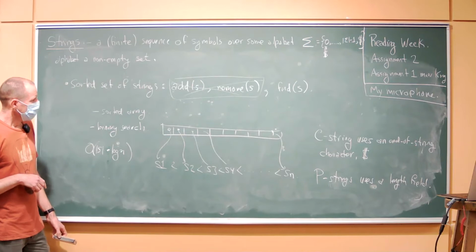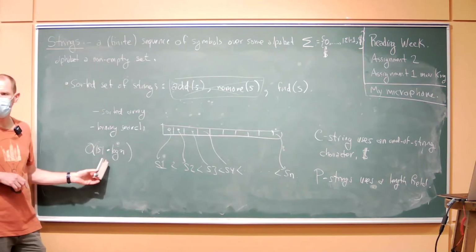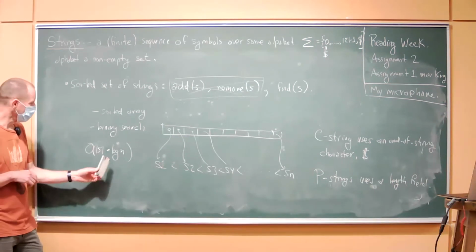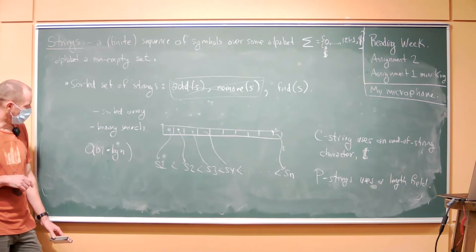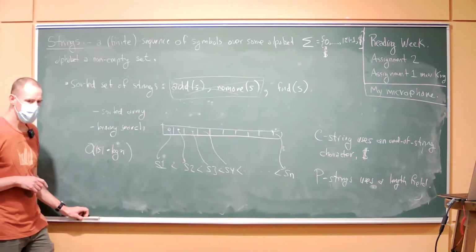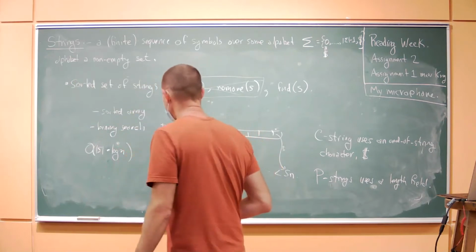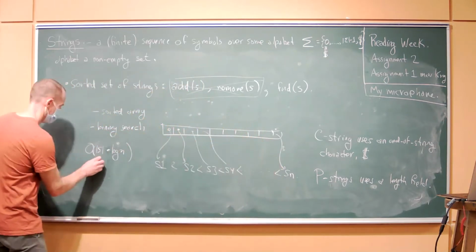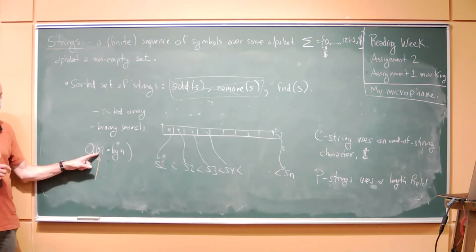All right, so can we beat that? And what could we even hope to do better? I think we can buy the fact that we're not going to be able to find any string faster than its length.